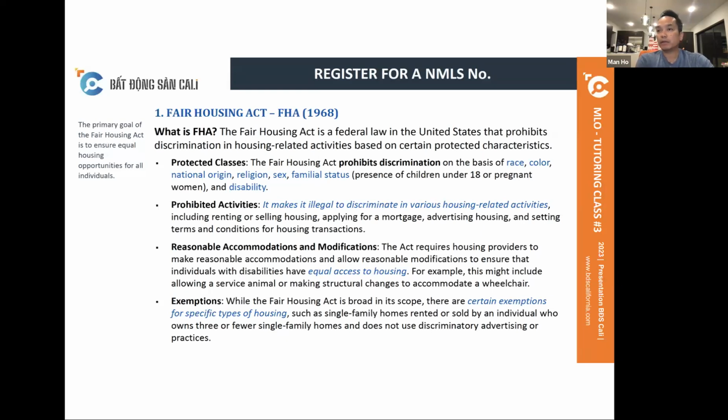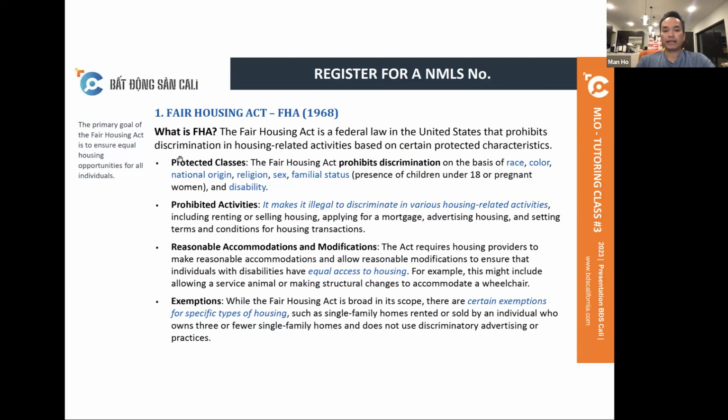They have a minimal down payment, like 3%, but their fee is a little bit high and their requirement is a little bit low. So the FHA that I mention in this slide deck is the Fair Housing Act, but there is also a loan product called FHA.